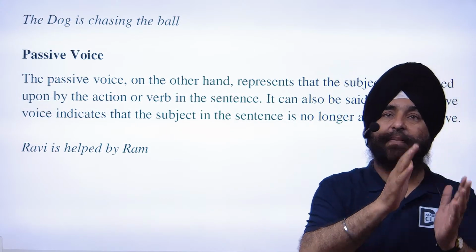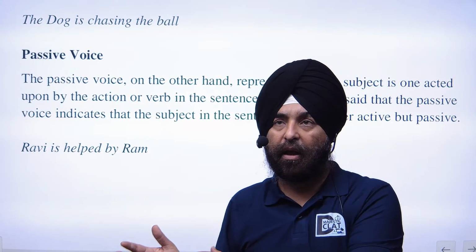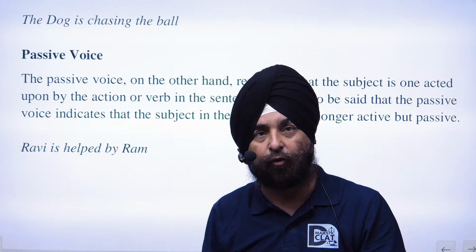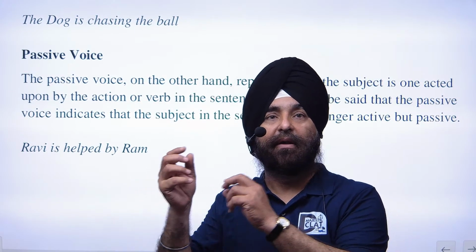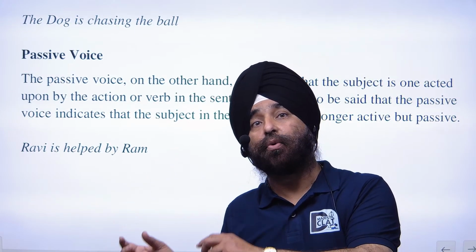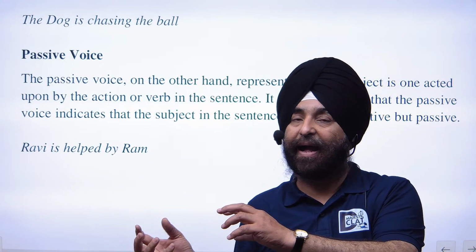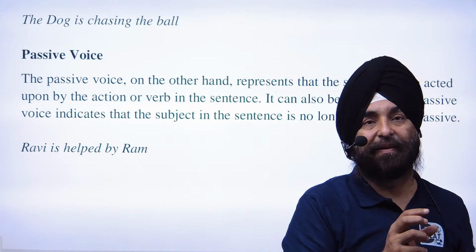We can say that the subject and the target flip places. The focus in a passive voice shifts from the subject to the target, who has now taken the place of the subject.